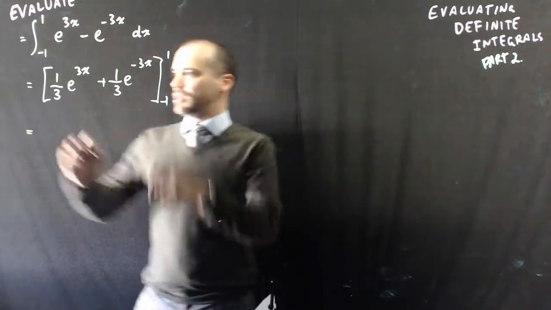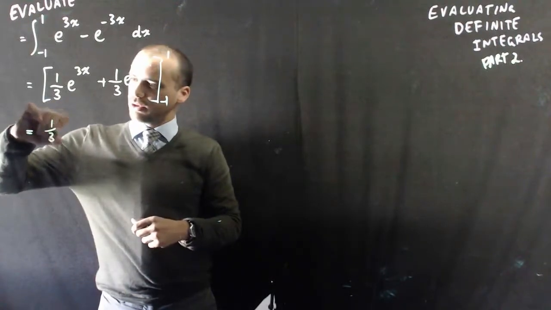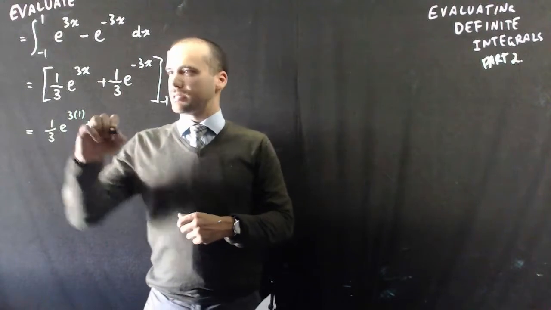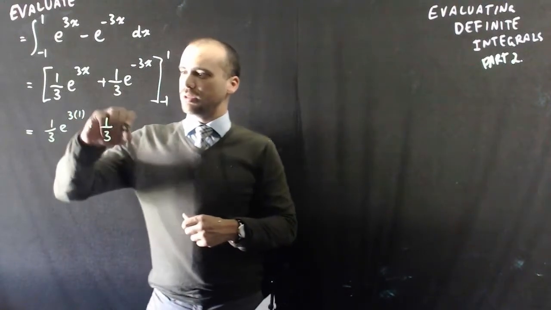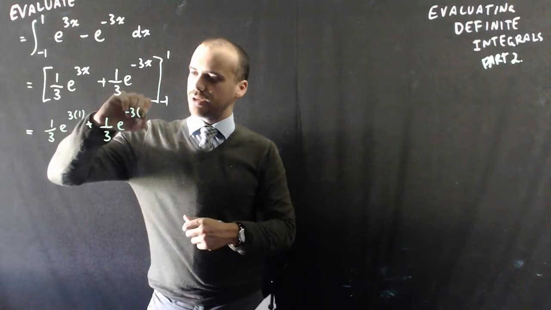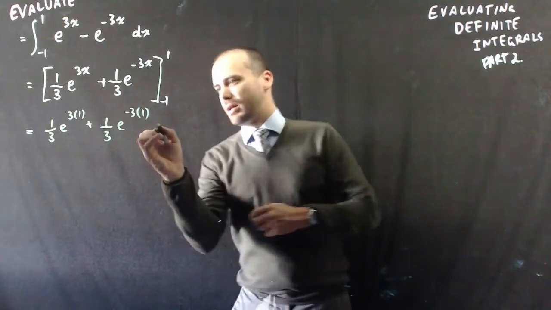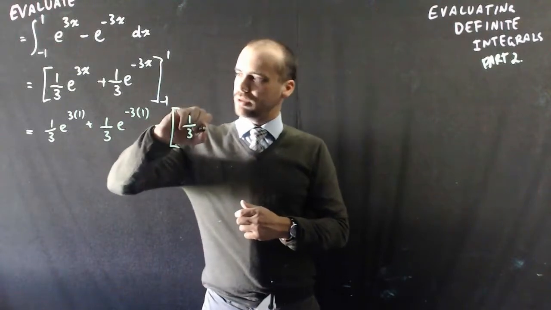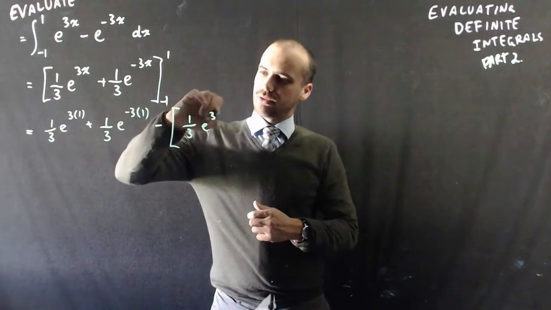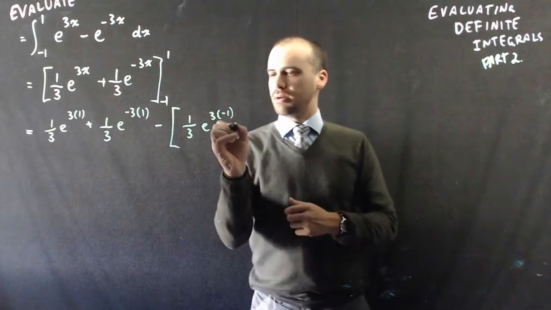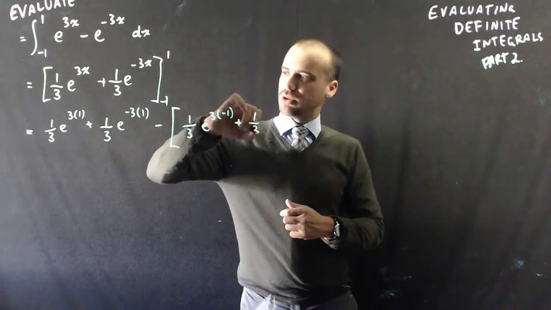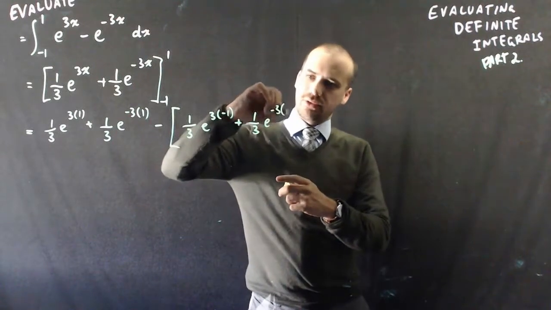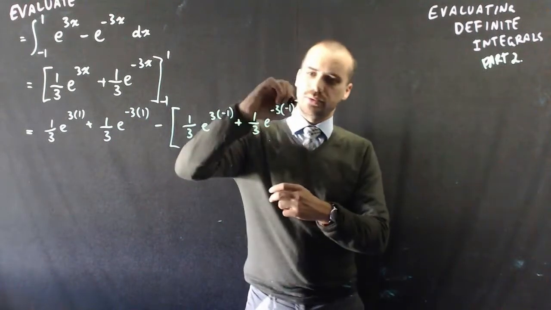Alright, so putting 1 in, I get 1/3 e to the 3 times 1, plus 1/3 e to the negative 3 times 1. And then I'm subtracting 1/3 e to the 3 times negative 1, plus 1/3 e to the negative 3 times negative 1. Whew.